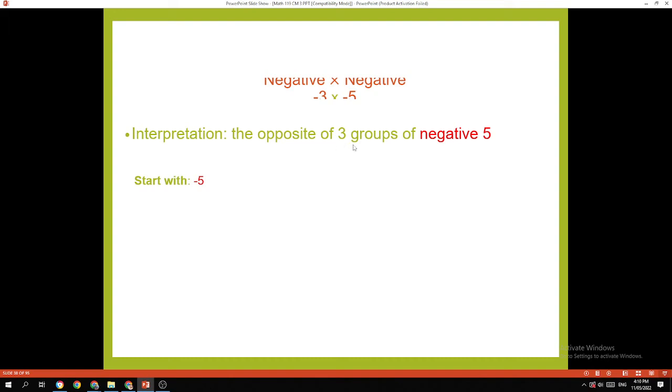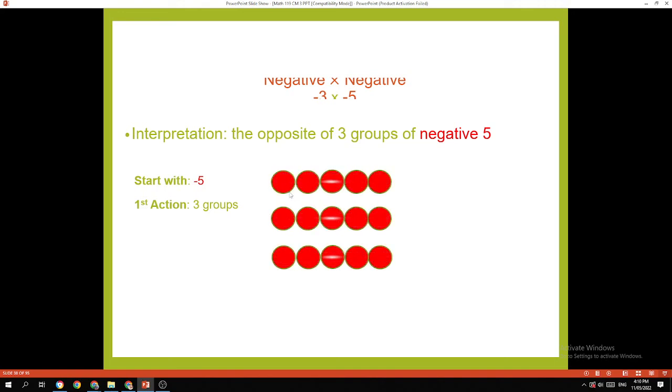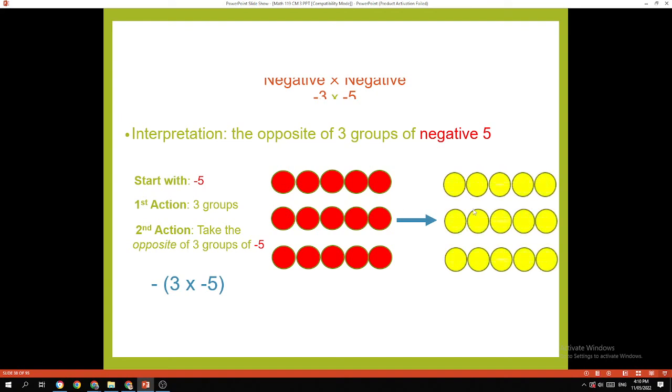The action is 3 groups. I'll be forming 3 groups of 5 red counters. Then the opposite of it becomes yellow. So it becomes positive 15. That's the concept of the multiplication part.